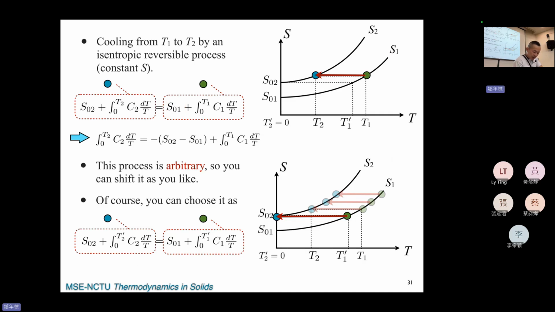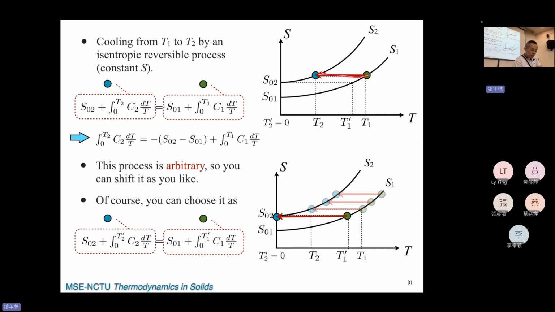You can see we're just changing the entropy, and we can achieve that. If you agree with that, the entropy can change until it equals S2. So this is possible. If this is possible, why not?